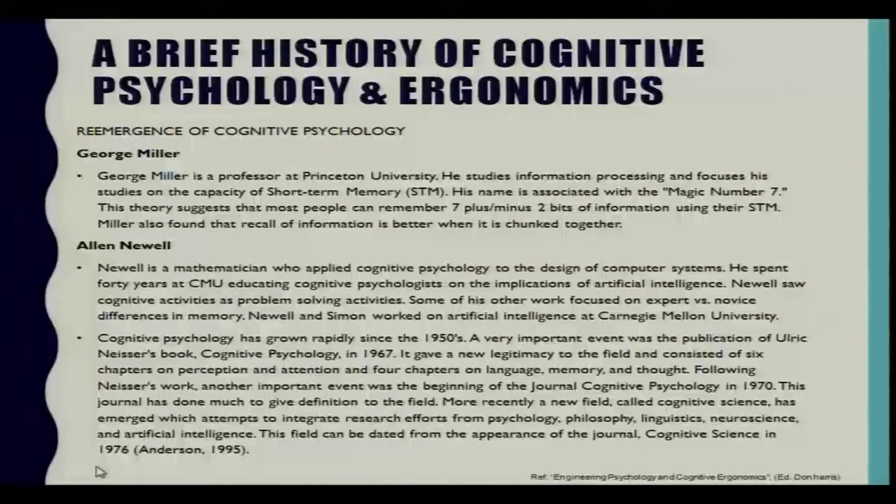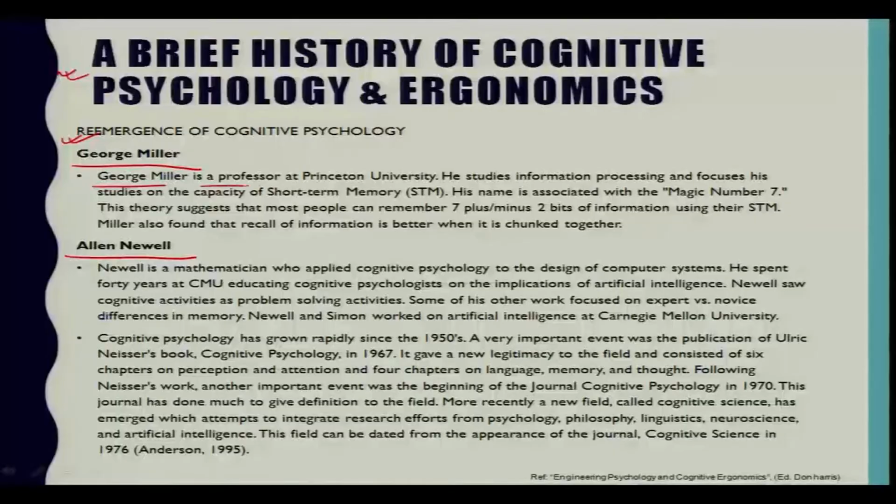Now again, as far as the history of cognitive psychology that we are covering from past lectures, I am putting it at the very last so that refreshing can be performed in terms of cognitive psychology's various progress. George Miller and Alan Newell's work we will cover today.